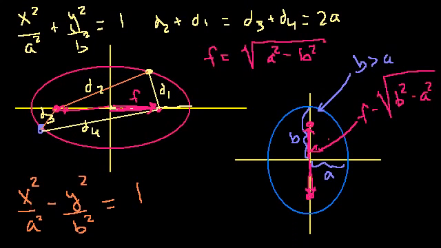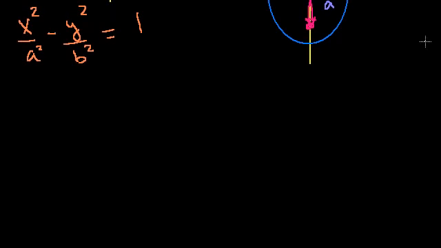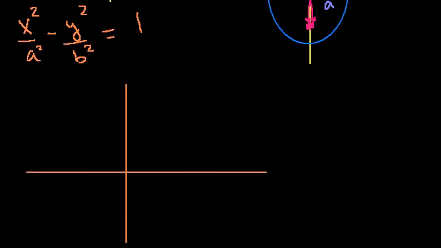But this hyperbola looks something like this. Let me draw the axes, and then I want to draw the asymptotes. You could prove it by looking at some of the previous videos, but the asymptotes for this hyperbola are going to be y equals plus or minus b over a times x.